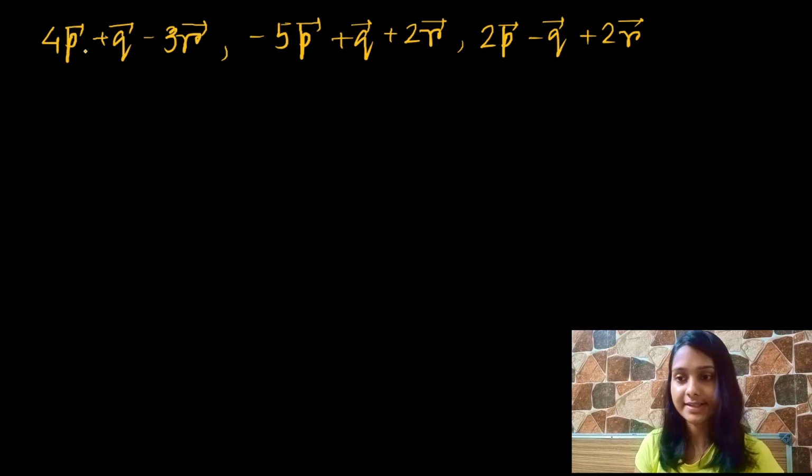So these are the vertices. Let me just write this one as A, this one B, this one C. These are the position vectors.